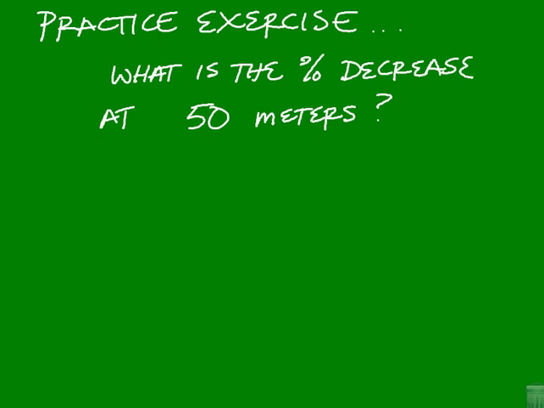Obviously there's something left, because we know that at 85 meters there is 1% left, so it's going to be something greater than 1%, and 1% left would be a 99% decrease. So I want you to go ahead and calculate what would be the percent decrease at 50 meters.